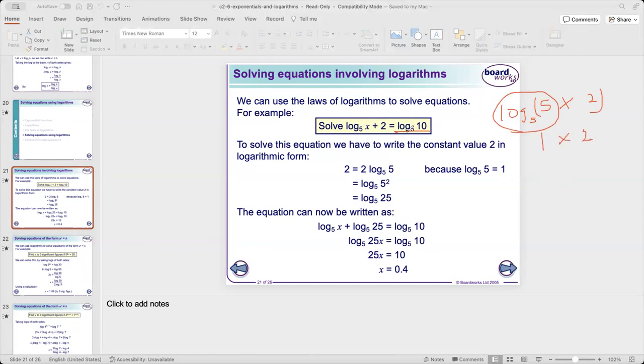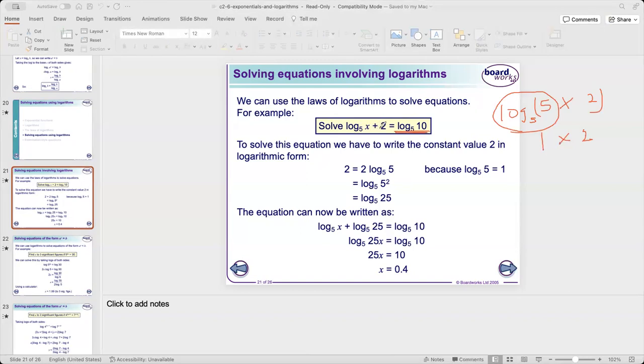So you have 2 on this side, and you have 2 on that side too.